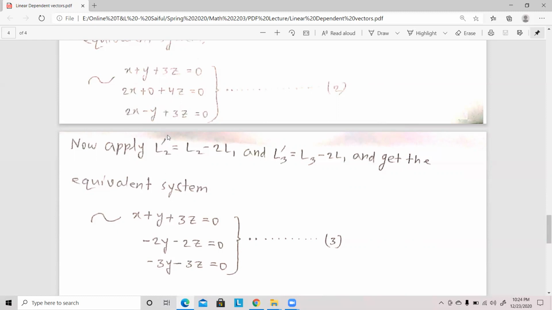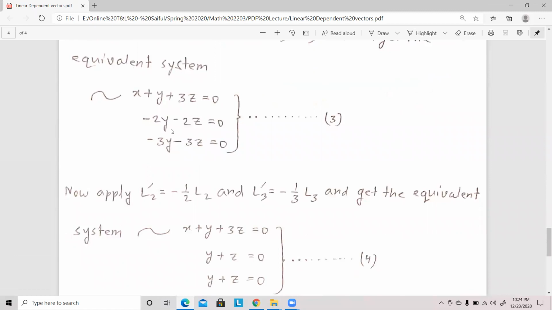So we have to multiply the first equation by 2, then subtract it from the second equation. And the second operation, L3 prime equal to L3 minus twice L1. That means we have to multiply the first equation by 2, then deduct it from the third equation to make the first component 0.